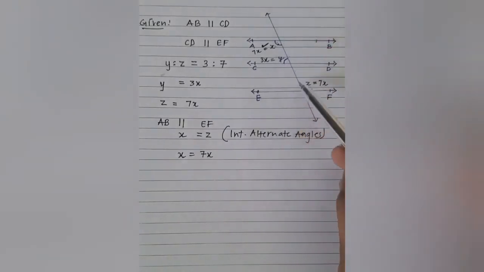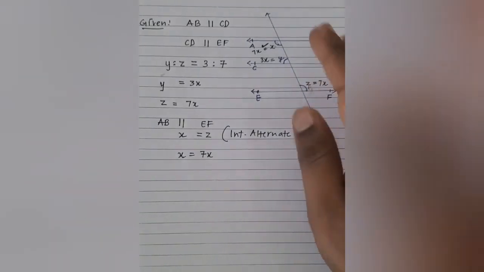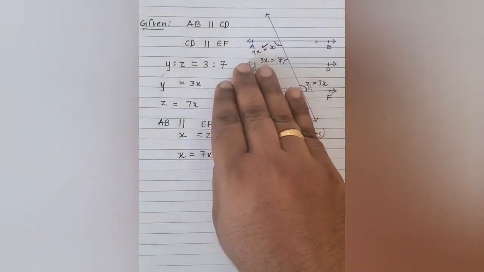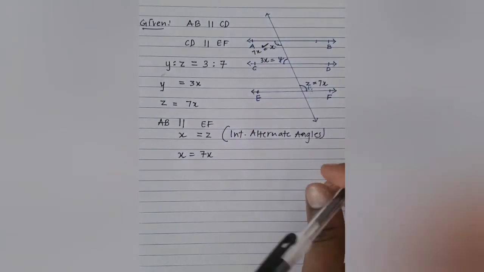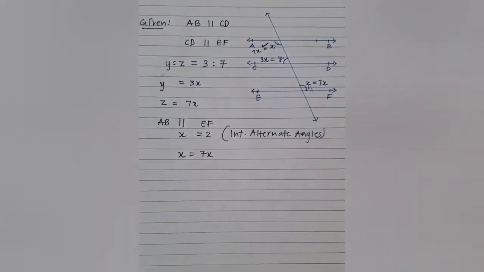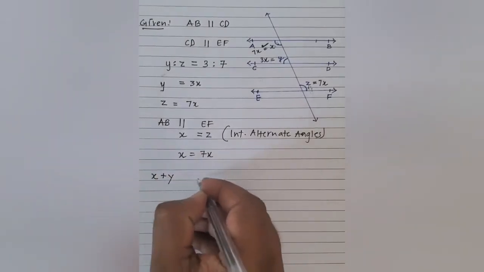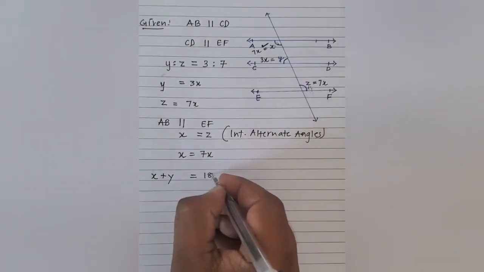So this is a transversal. If this is a transversal, x and y are the angles on the same side, and they're interior angles. And you know that the interior angles make up 180 degrees. So I would mention over here, x plus y should be equal to 180 degrees.